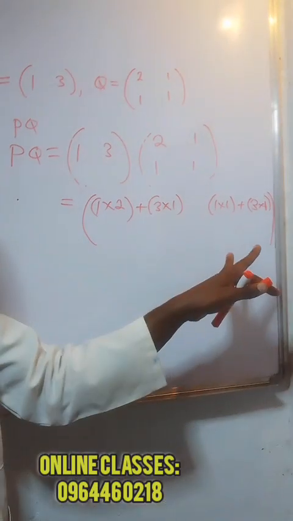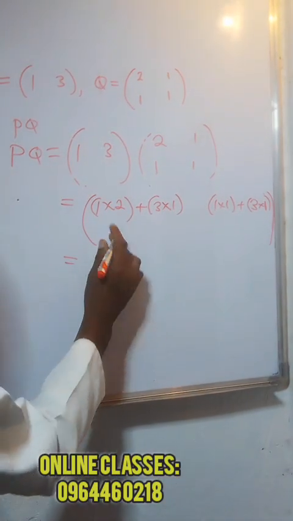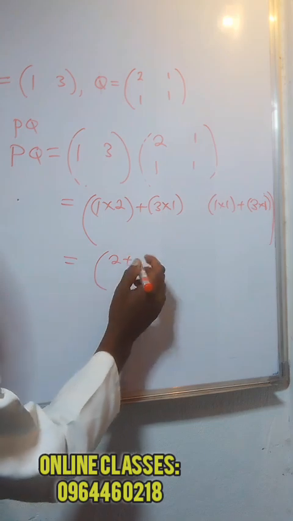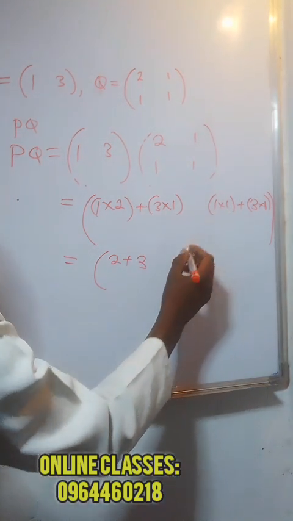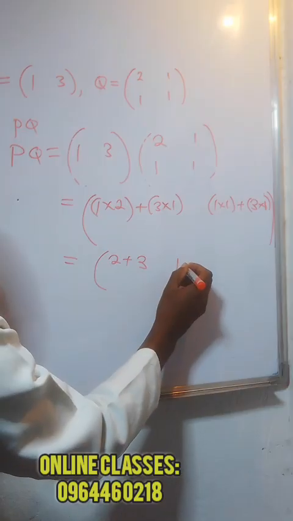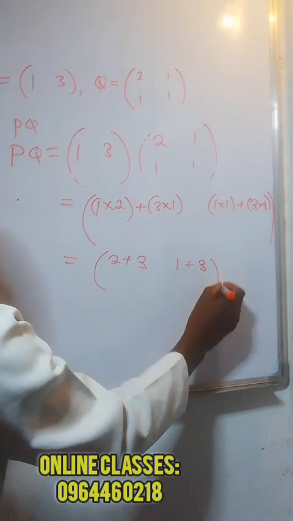Now from there, 1 times 2 is just 2, plus this times this is 3. Then this times that, 1 times 1, plus this.